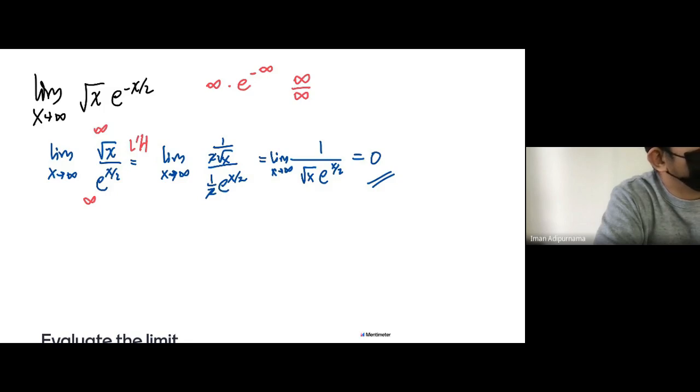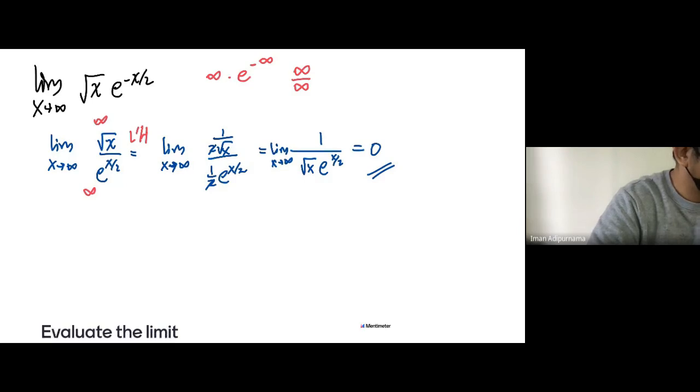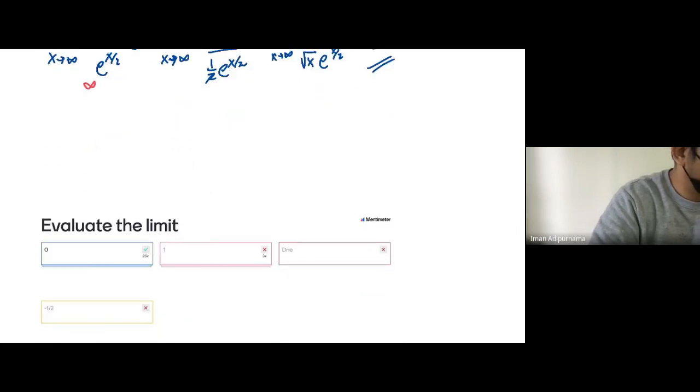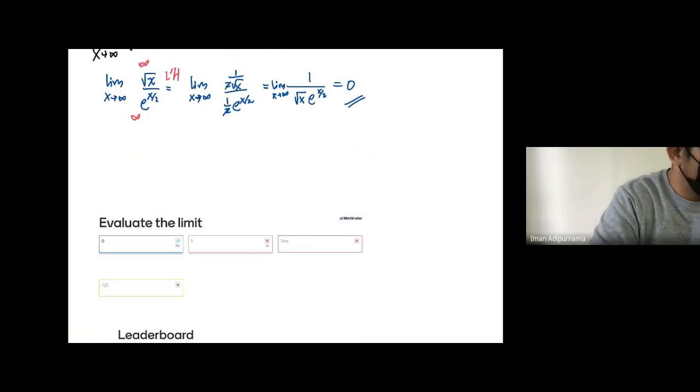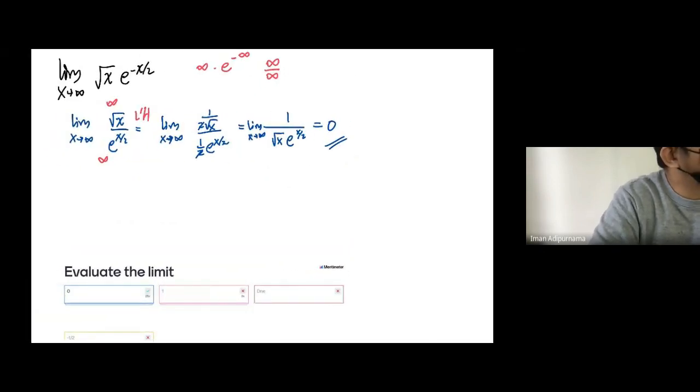When that happens, you can apply L'Hopital's rule: you take the derivative of the top equation, the derivative of the bottom equation, and check the result. I think we can simply say that it will result in 0 as the answer. Most of you did a good job here. I think no question here, right? It's understandable for the first question.